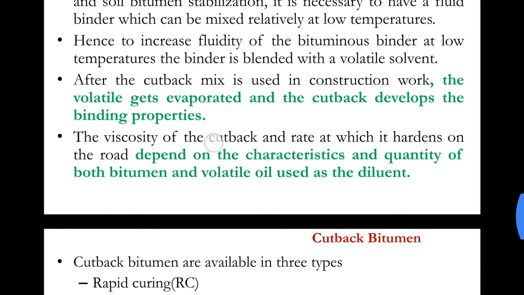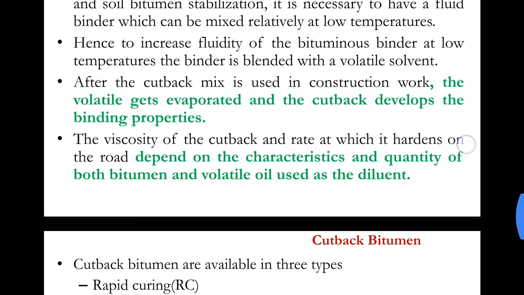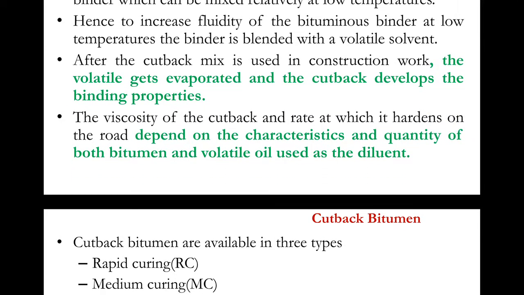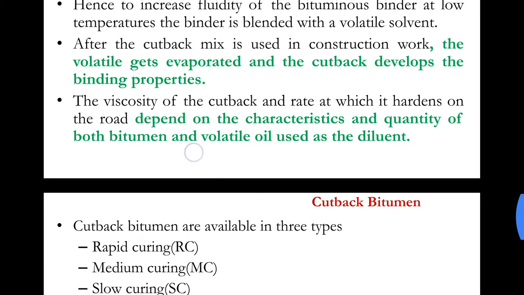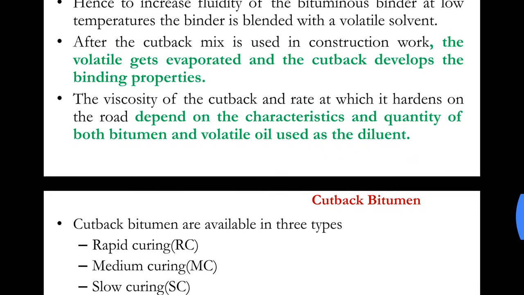The viscosity of the cutback and the rate at which it hardens on the road depends on the characteristics and quantity of both bitumen and volatile oil used as the diluent. So the viscosity of that cutback will depend on the characteristics of that bitumen and the volatile diluent which is being used.